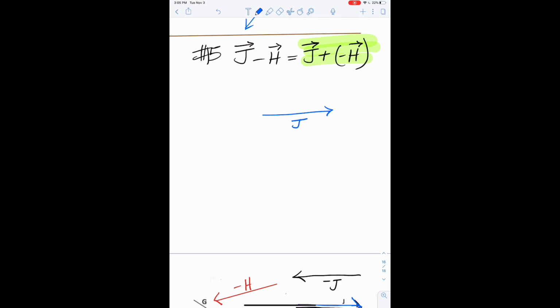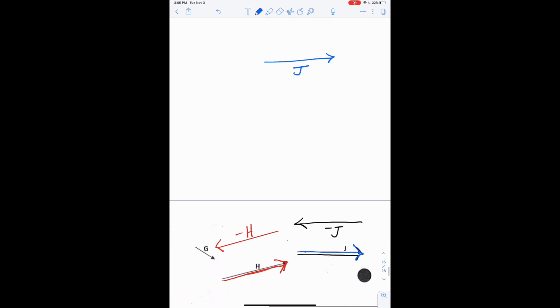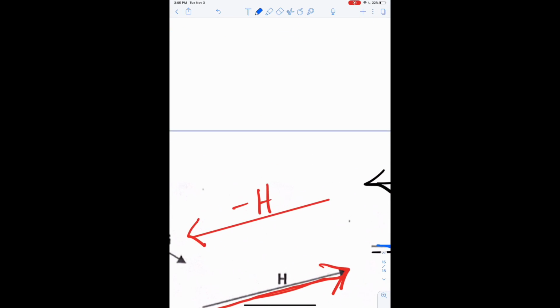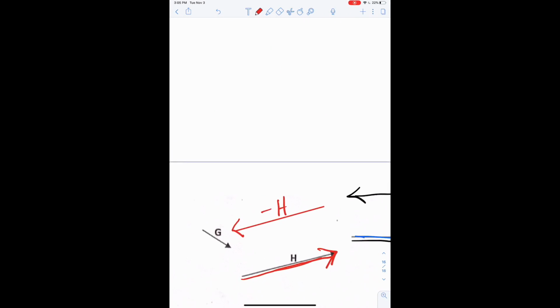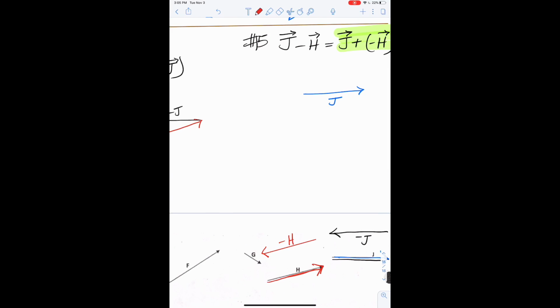Let's then add that to negative H, head to tail with negative H. Negative H is this vector right here, which points down and left. Let's draw that up here, and put it head to tail with J. Maybe something like this. And there is negative H right there. I'm just going to move this letter J so it doesn't look like the two are crossing paths, because they're really not.